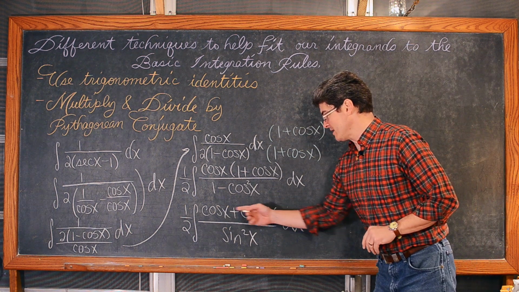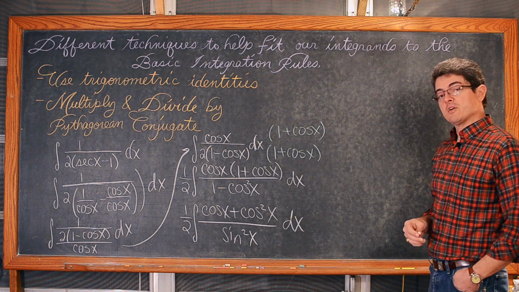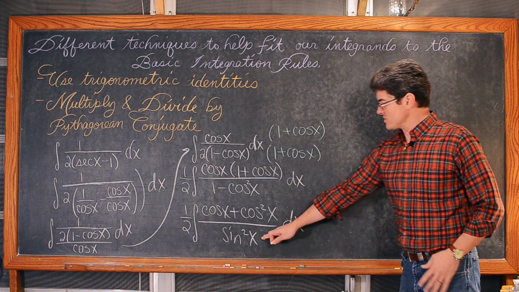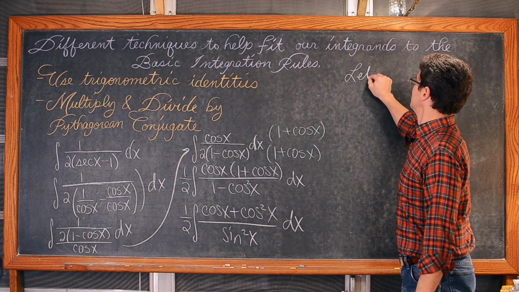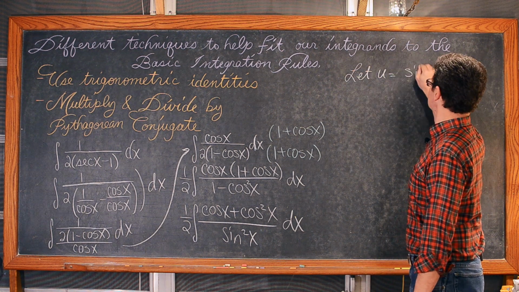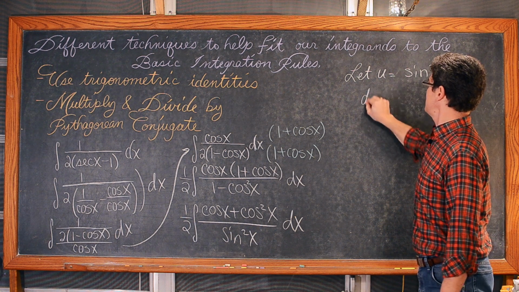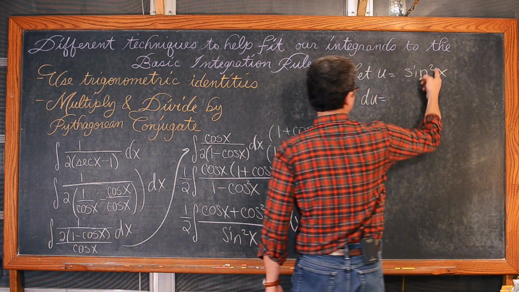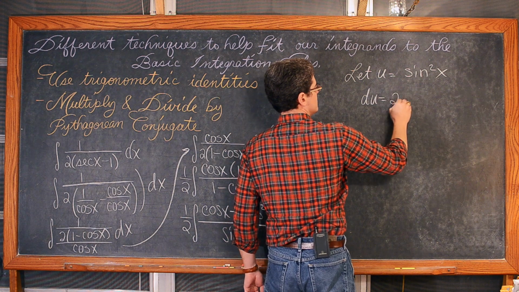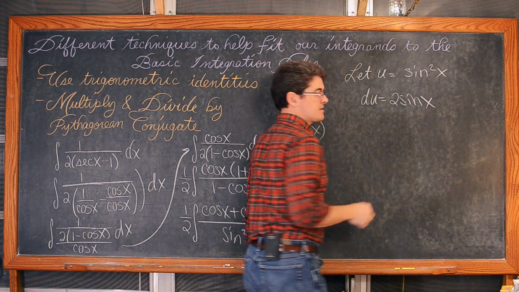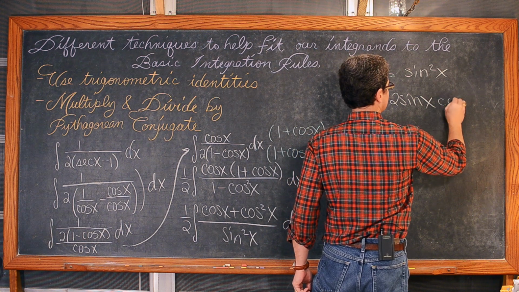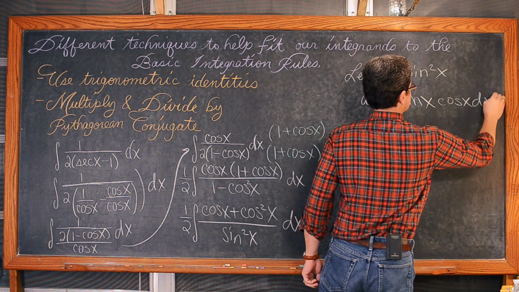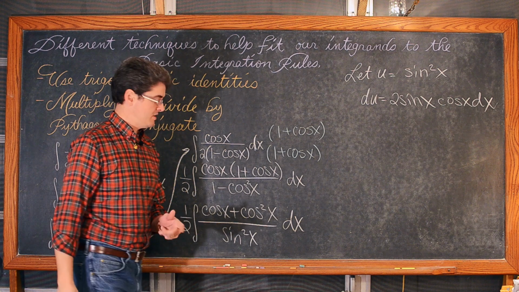I'm kind of thinking probably not with those two trig functions on top, but let's just try letting u equal sine squared. Then du is going to be equal to, doing the chain rule, 2 sine x times the derivative of the inside function, and the derivative of sine is cosine. So we still seem to have an issue here.